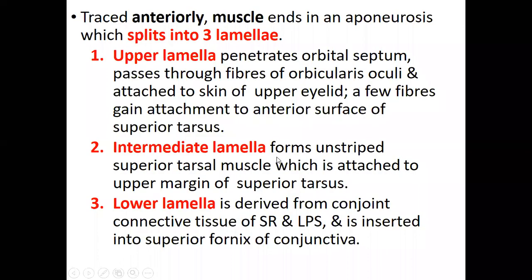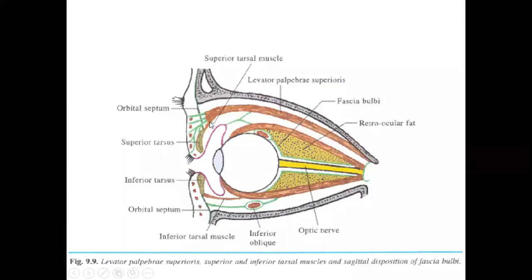The second is the intermediate lamella, which forms the unstriped superior tarsal muscle, that is smooth muscle, attached to the upper margin of the superior tarsus. So this part is the intermediate lamella. It forms the superior tarsal muscle and is attached to the superior tarsus.